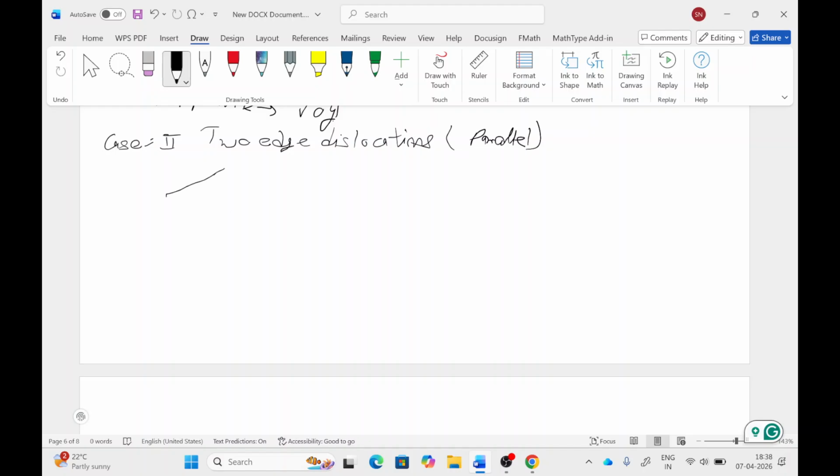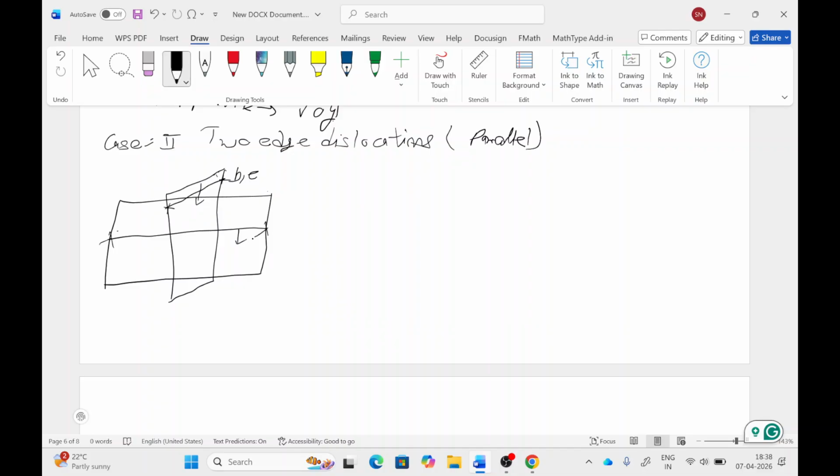So these are two planes, and one dislocation is B1E, and the second dislocation is like this. The first dislocation is moving in this direction, and the second dislocation is also moving in this direction.